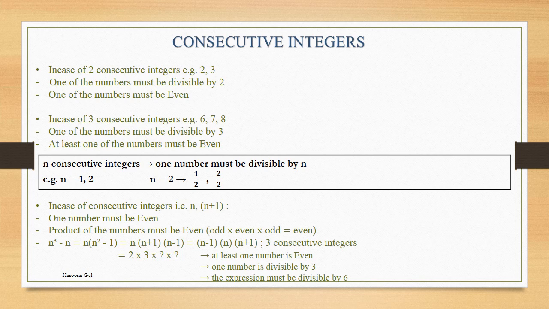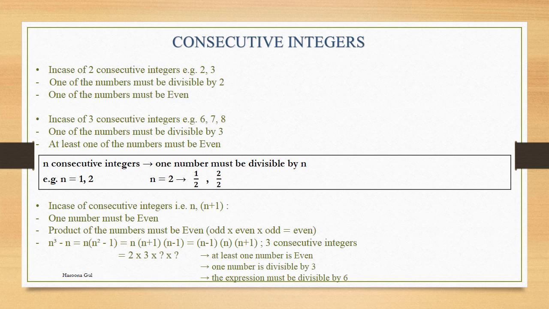This shows that in case of n consecutive integers, one number must be divisible by n. For example, if we have two numbers in a set, that is 1 and 2, then one of the numbers must be divisible by 2, as we can see here too. 2 can be divided by 2 to give us an integer.